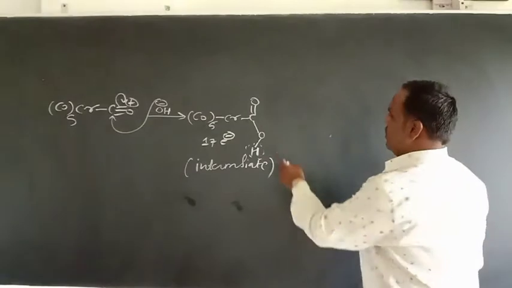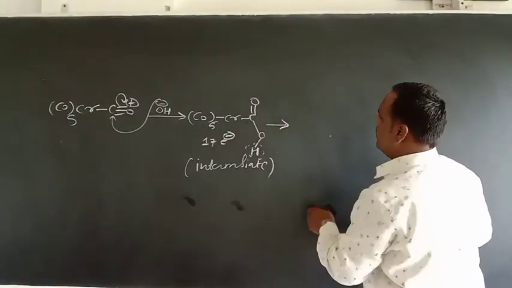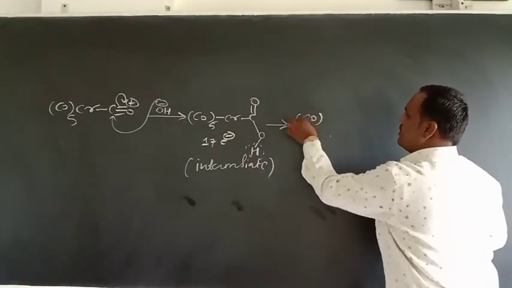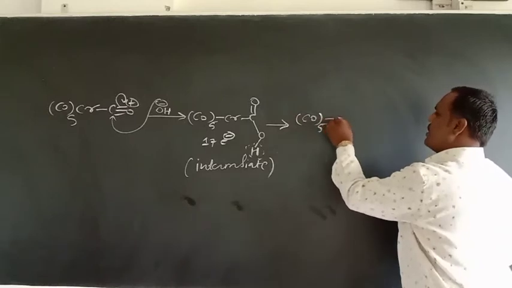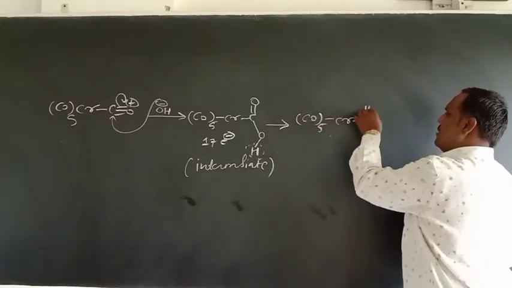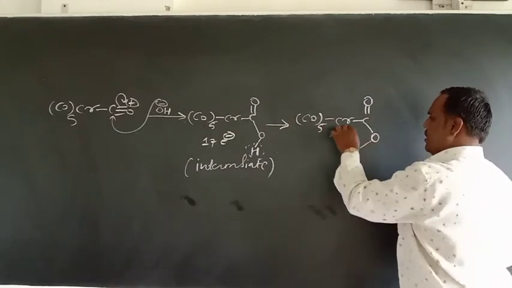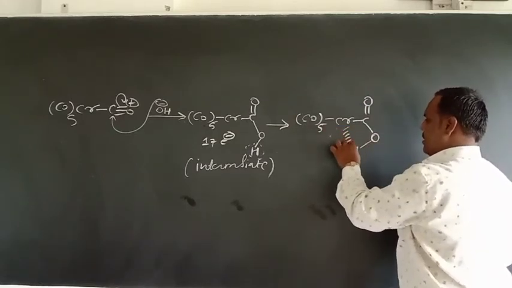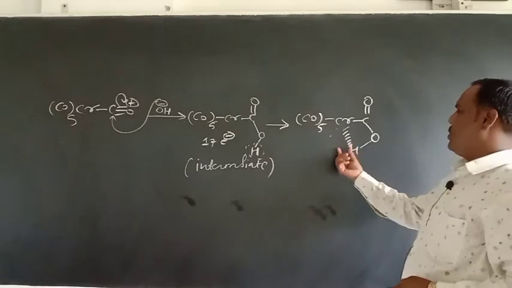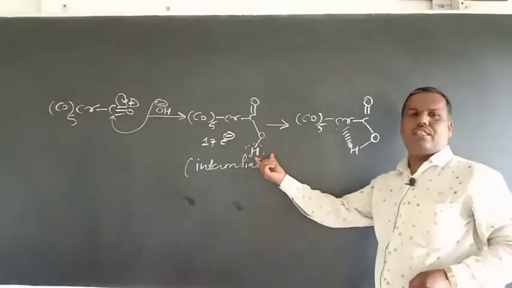So, here we can draw the structure (CO)5Cr-C double bond O, with this O and this H, and here the metal atom shows agostic interaction with this acidic proton.